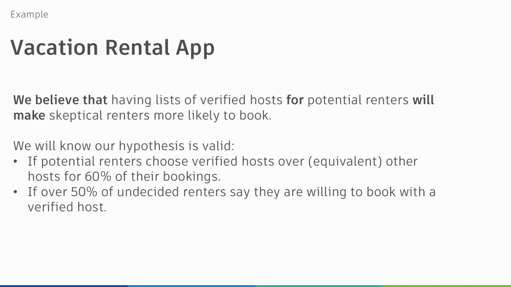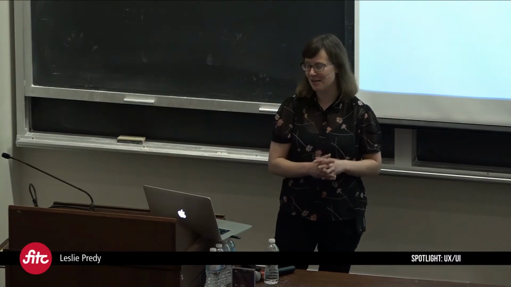You could make fake listings of different criteria and have people come in and ask them which places they'd choose. If you have developers around, they could make an actual data prototype. You could run studies with skeptical customers, ask them questions as they're looking at the listings about what they would choose and what would stand out to them. So I would use prototyping for this hypothesis.